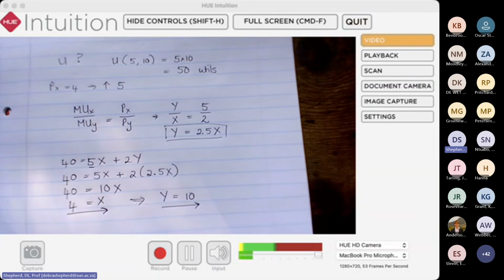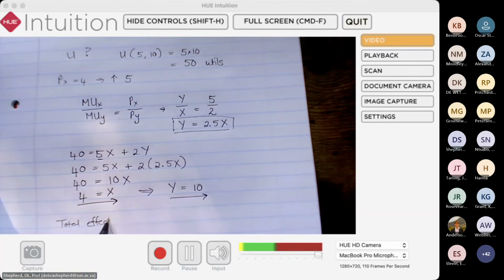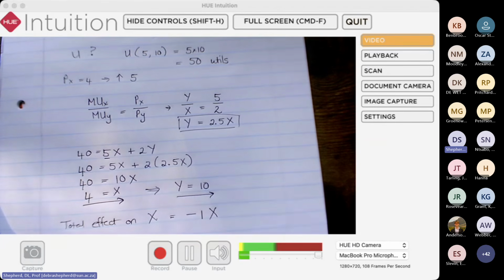The next part of the question then asks, what is the total effect of the price change on her consumption of X and Y? So the total effect on X is minus 1 X. She consumes 1 less X than she previously did. The total effect on Y is 0.